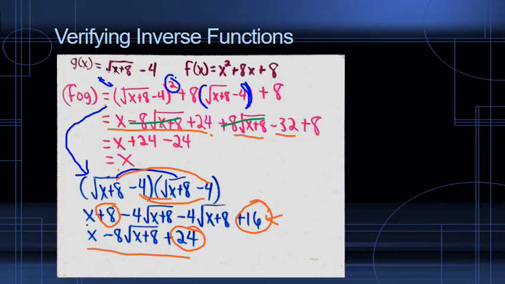And so now I've got x plus 24, which I got from right here, and minus 32 plus 8 is also minus 24. So now I've got x plus 24 minus 24 equals x. And so g of x is in fact an inverse of f of x.